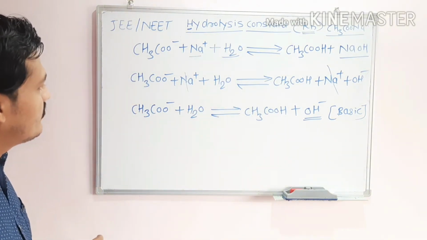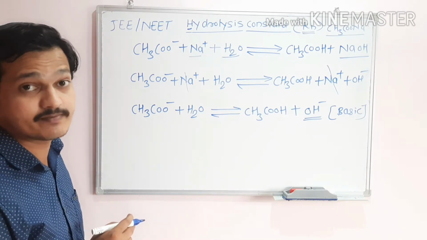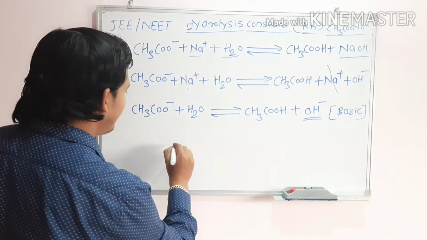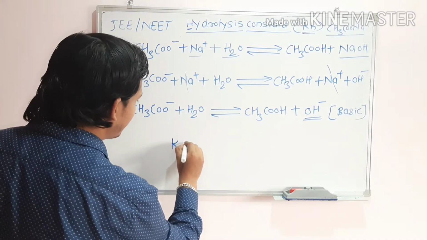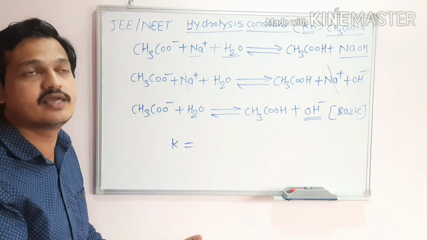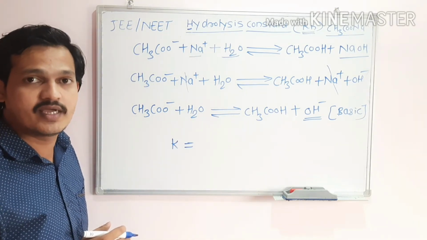Then we have to find K by applying the law of mass action. By applying the law of mass action we get K equal to C raised to c into D raised to d divided by A raised to a and B raised to b.